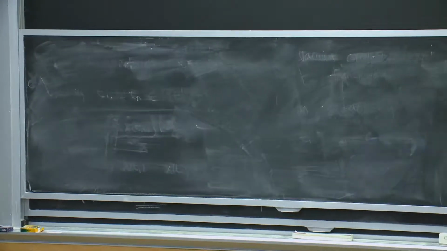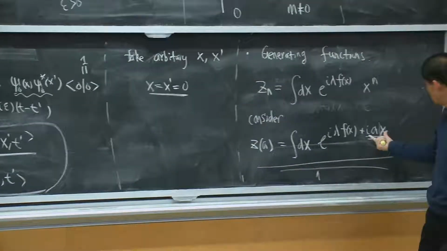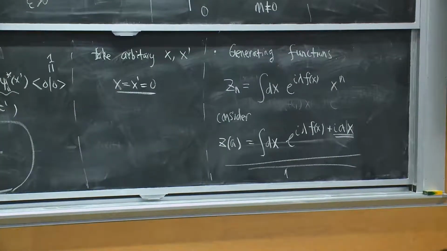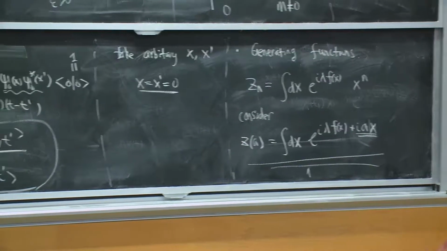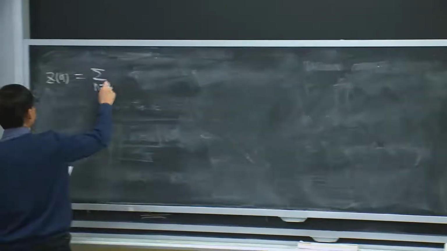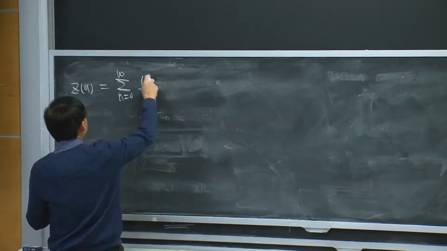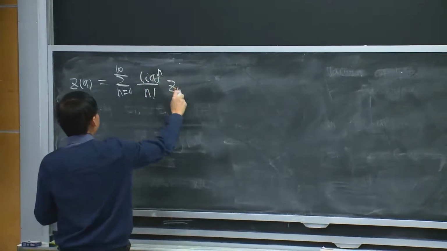So why are we interested in this object? Because imagine you expand this exponential factor, and then essentially you get Z of A is the sum over n equal to 0 to infinity of (iA)^n over n factorial times Z_n.